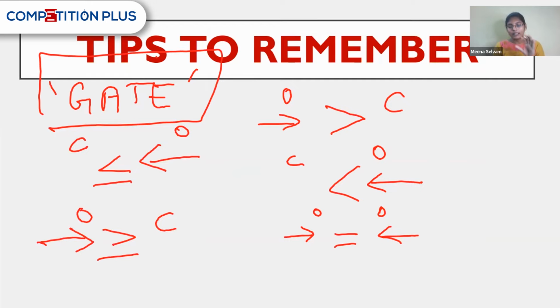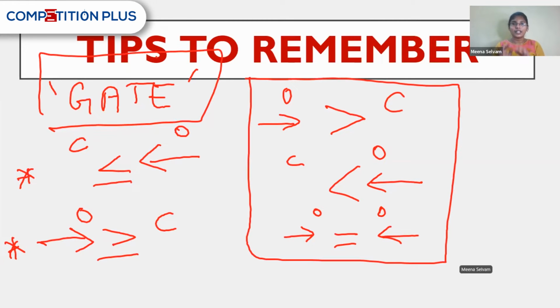Okay, so these two symbols have certain exemptions which you should remember while solving your sums with these two symbols, that is less than or equal to and greater than or equal to. The remaining three are not a problem at all because they are just single symbols, less than, greater than, equal to, that's all. Here this is like a combo operation, less than and equal to, both are there. So in that case, certain exemption rules are to be remembered. Now let us see what those exemption rules are.